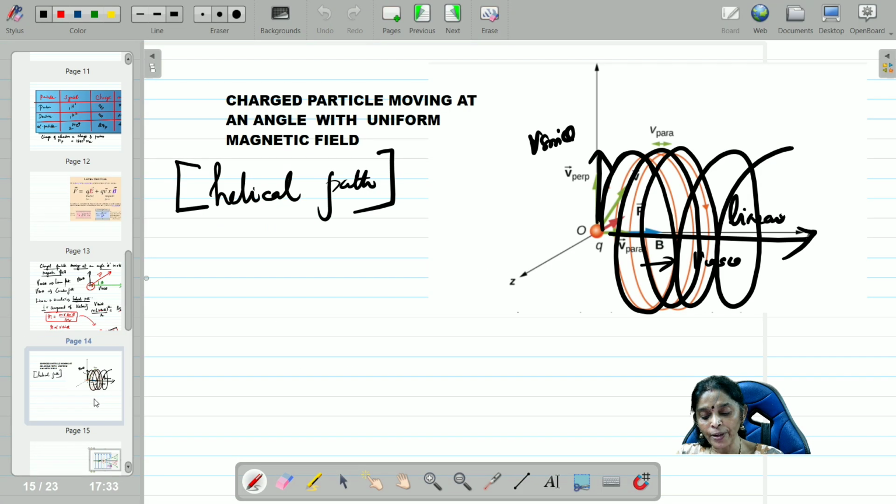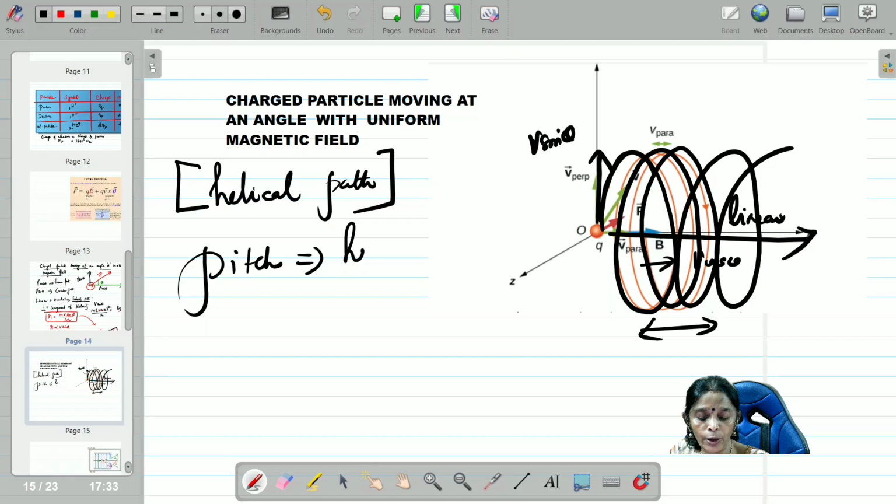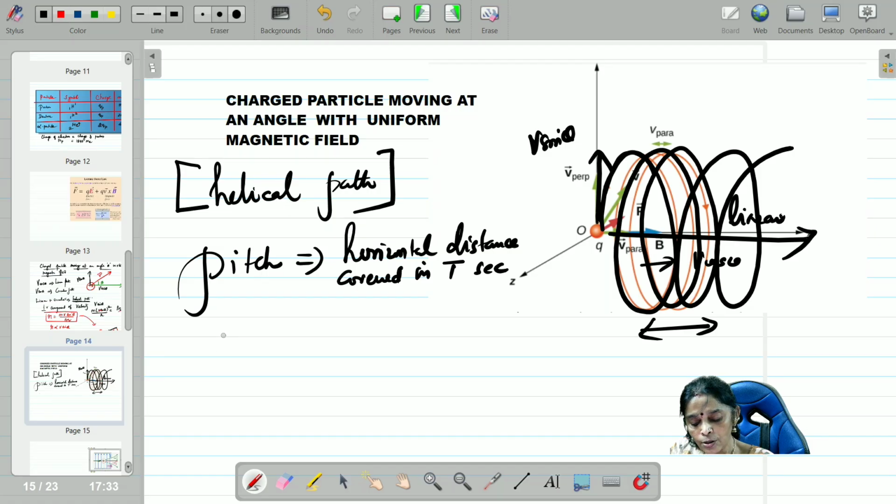Now we have to find out the pitch of the helix. Pitch is nothing but the horizontal distance covered during time period T seconds. So pitch is equal to horizontal velocity into time period.